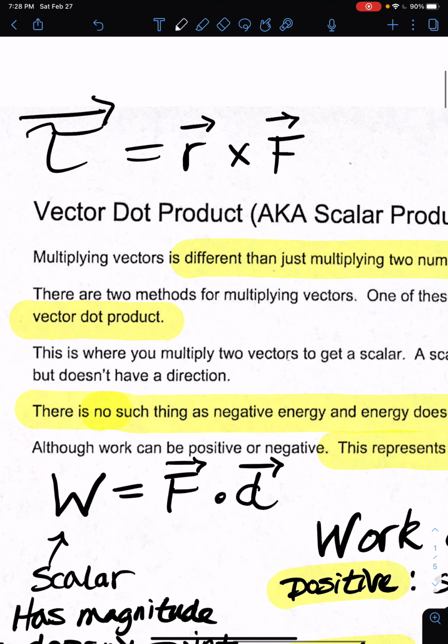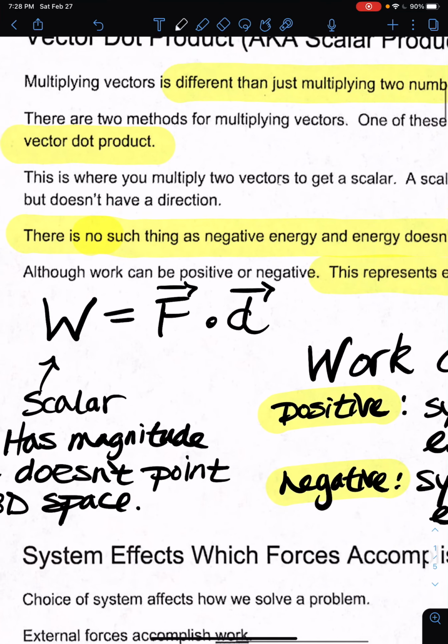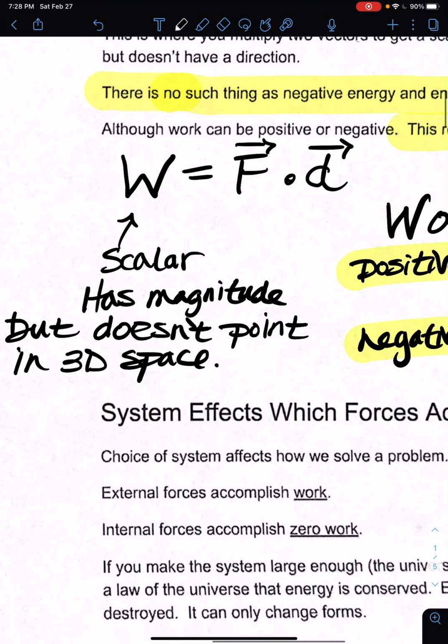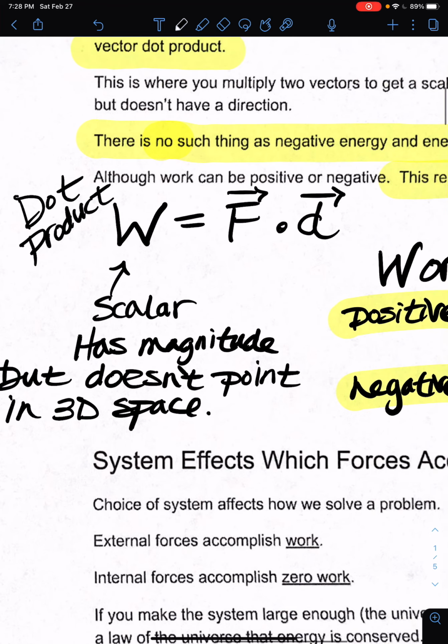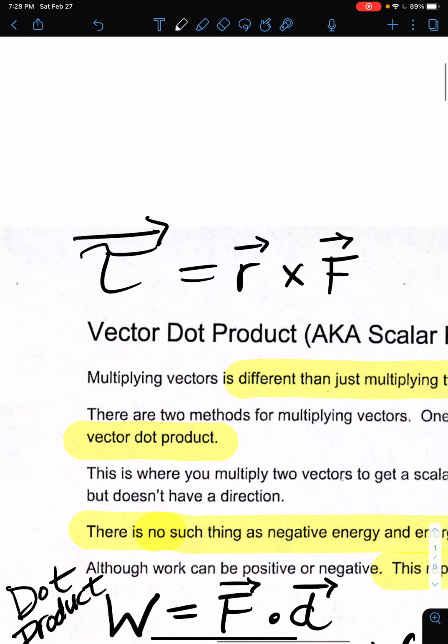We're dealing with the dot product down here. When you take two vectors and multiply them and you get a scalar, this is called the dot product. And the other one is called the vector product or the cross product.